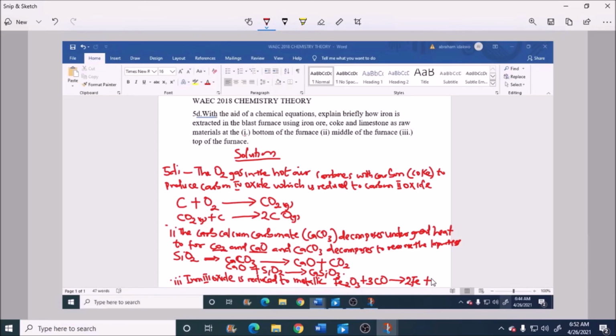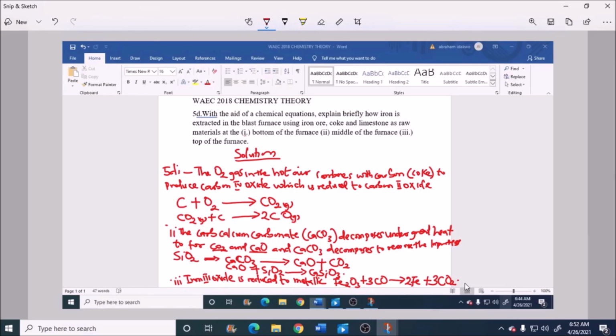Then we have 3CO2 to balance our equation. So this is what happened at the top of the furnace. So we have represented what happened at the bottom of the furnace, middle of the furnace, and at the top of the furnace with the equation.